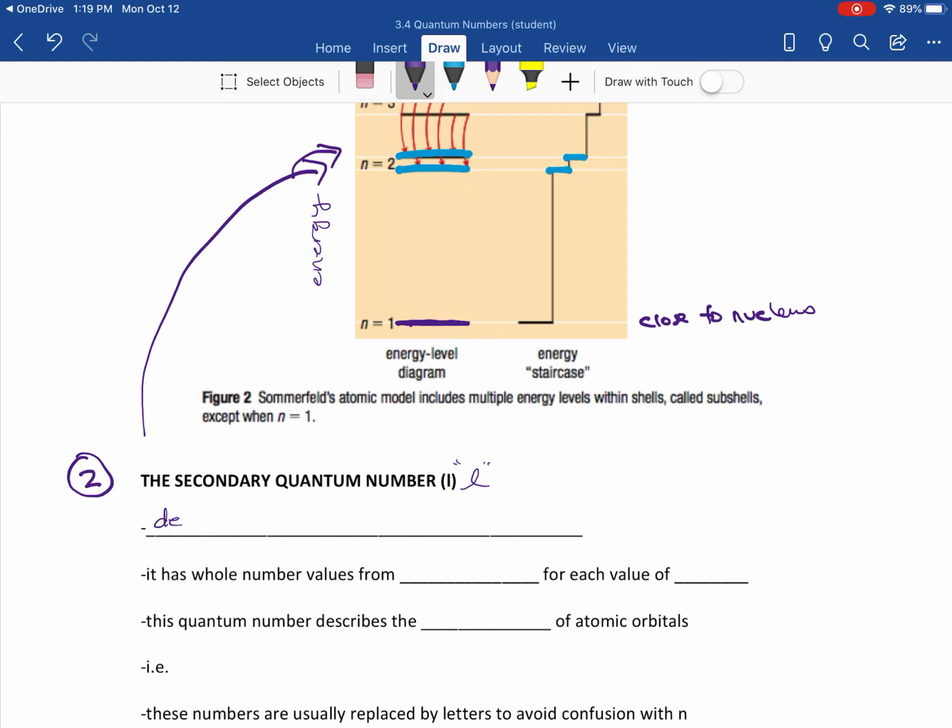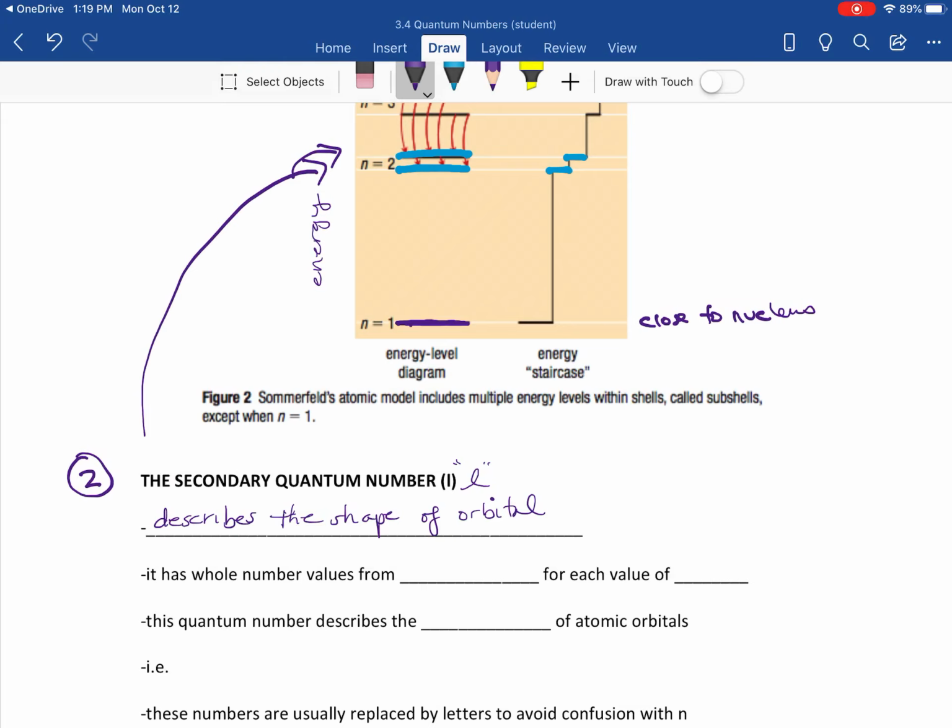This describes the shape of the orbital. Okay, so remember, we were talking about circular paths or spherical paths. So a spherical, not path, but spherical shape of an orbital is three-dimensional. There are other ones, and I kind of alluded to one more of them in the earlier lesson, the figure 8.